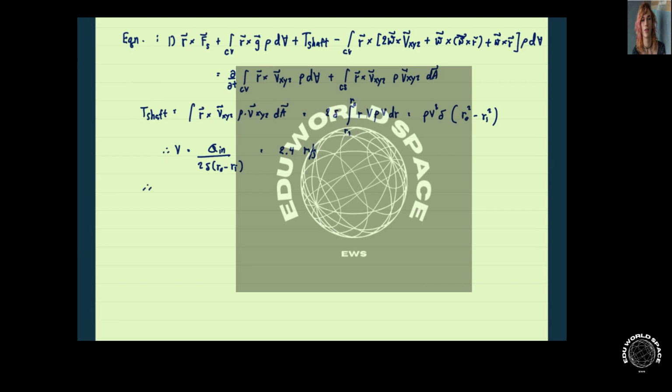And then we have that the T shaft is rho Q in over 2 del R0 minus Ri square del R0 square minus Ri square.